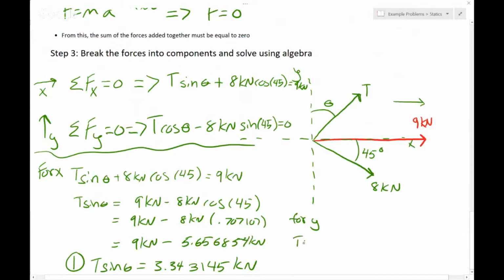We have T cosine of theta minus 8 kilonewtons times sine 45 is equal to 0. And we can solve for T cosine again by subtracting the 8 to the other side. So we end up with T cosine of theta is equal to 8 kilonewtons times sine of 45.